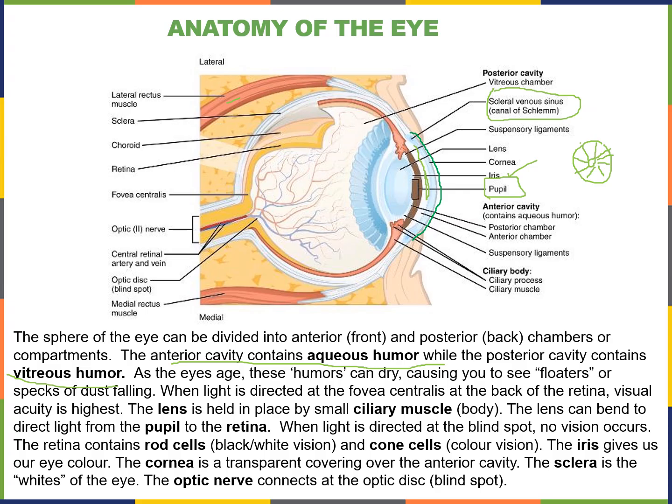And these muscles are what control the diameter of the pupil. So the iris is really more important than just the color of the eye. It's made up of smooth muscle, and it regulates the diameter of the pupil.